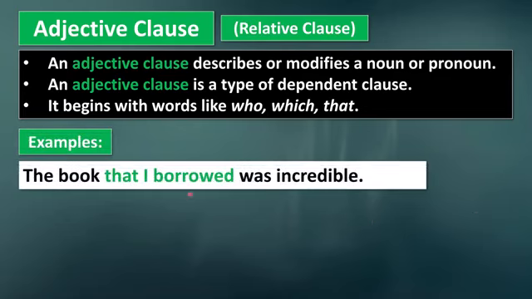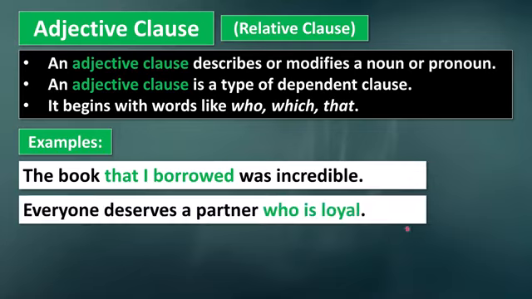The book that I borrowed was incredible. That I borrowed is an adjective clause, and it's describing the noun book. It's giving us more information about the book. Everyone deserves a partner who is loyal. Who is loyal is also an adjective clause, as it's describing the type of partner.